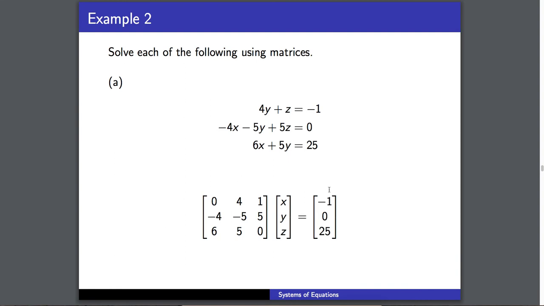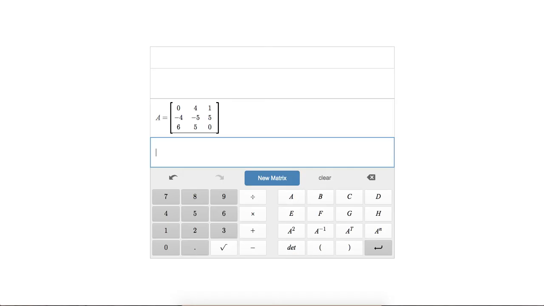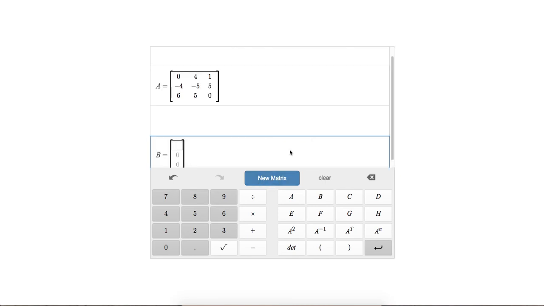And then we want to put in matrix B as a 3 by 1 with -1, 0, and 25. So -1, tab, 0, tab, 25, and press enter.